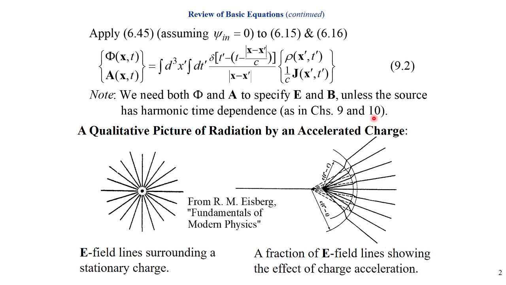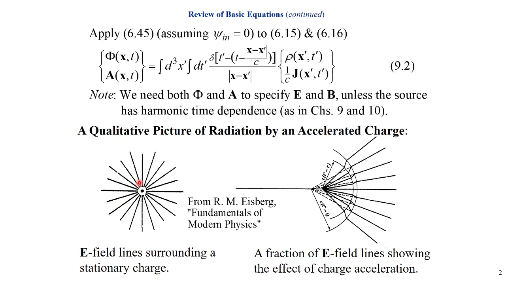midterm exam questions. A qualitative picture of radiation by an accelerated charge. Initially, that's from Eisberg, Fundamentals of Modern Physics. E field lines surrounding a stationary charge.